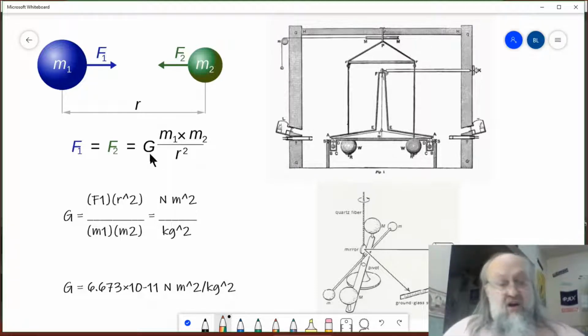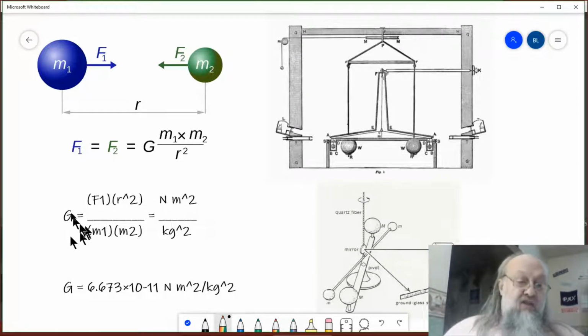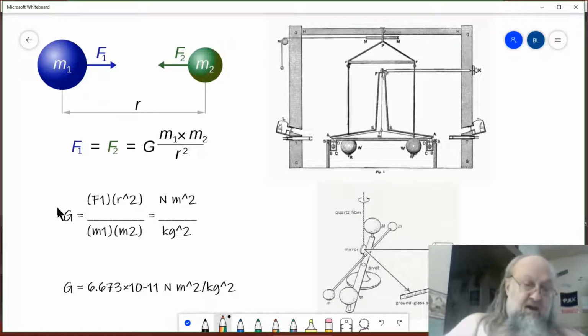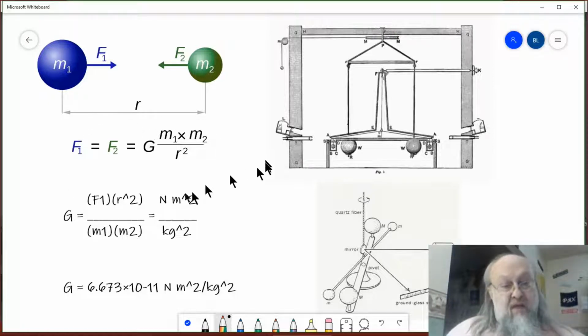This is a constant. It equals this all the time. Now, that doesn't mean you can't use the letter G to stand for something else when you're talking about something else. But when we're talking about Newton's law of gravity, G is a constant and is always equal to this number.